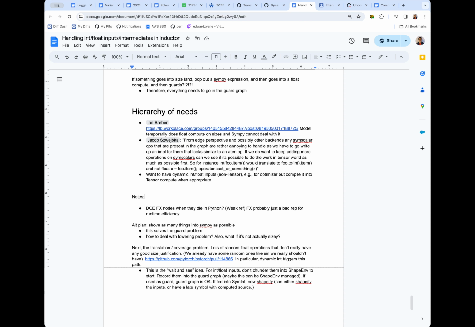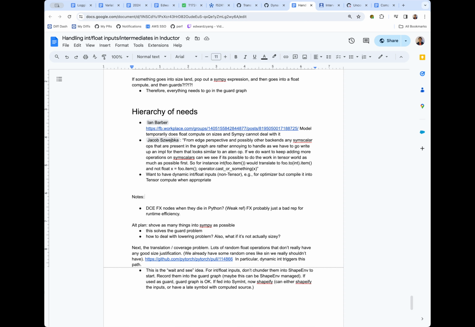What I have to do is look at how it ends up getting used. If it gets fed into a tensor constructor, then I'm like, aha, it's a size. But if instead I divide by it, like, it's pretty common to square root the numel and then use it as a normalization factor, well, it would have been okay to do tensor compute in this case.